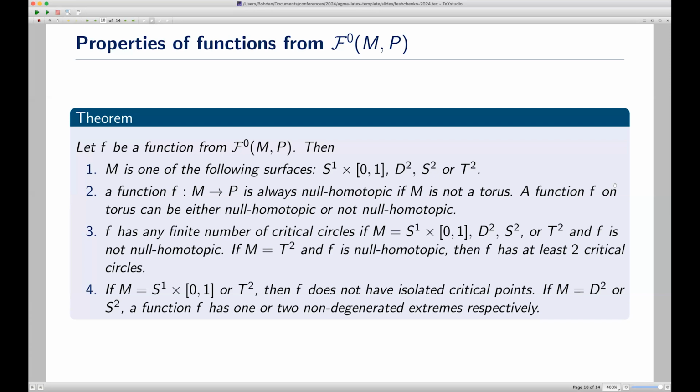And if f is a null homotopic function on a two-torus, then f has at least two critical cycles. And if our surface is a cylinder or a torus, then f does not have isolated critical points. And if M is a two-disk or a two-sphere, then the function has one or two non-degenerate extremes.